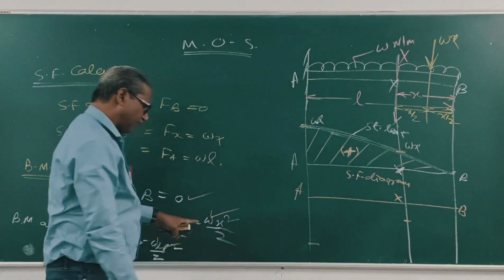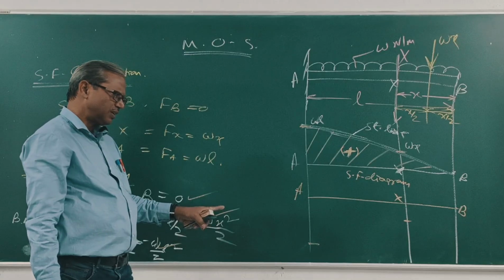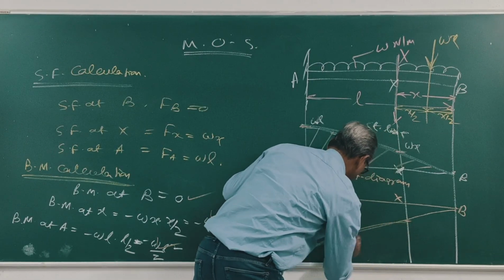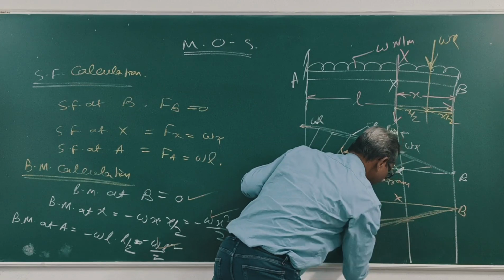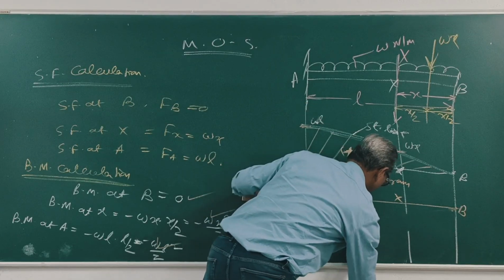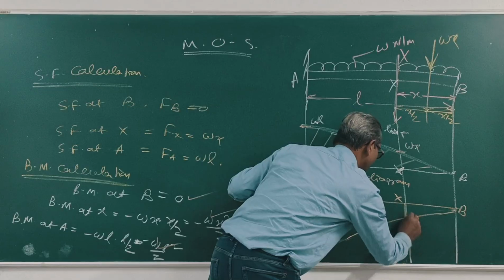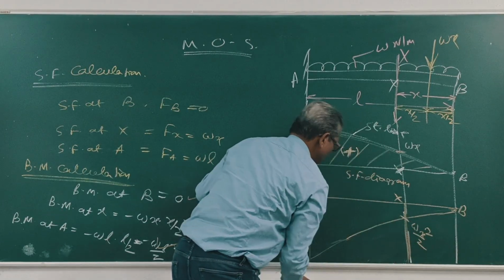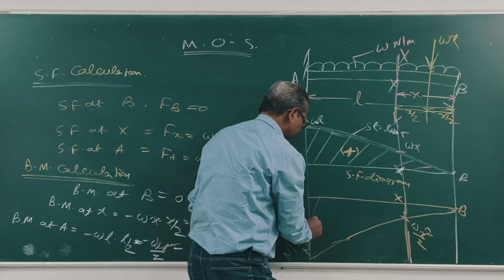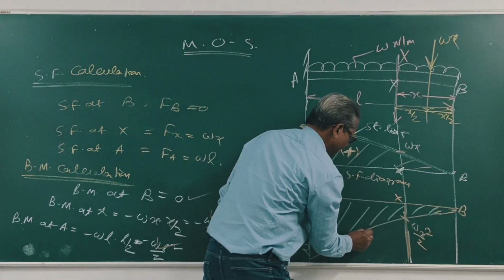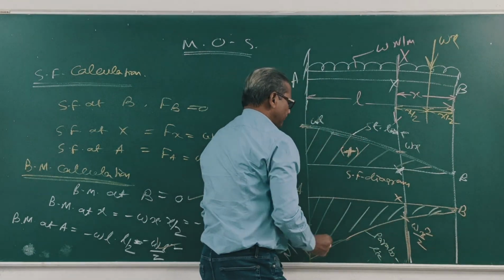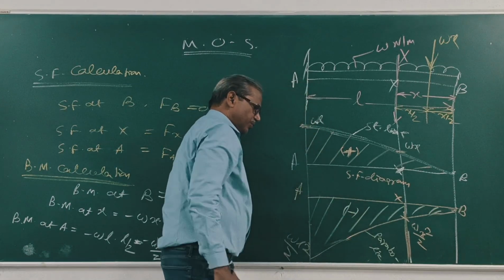This is second power of x, second degree of x, so this is a parabolic curve. This is negative. Clear?